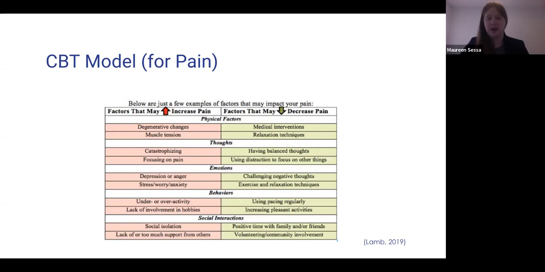So we can see in this graphic here that there are factors related to all of human experience: what we think, what we feel, what we do, how we interact with others, and our physical sensations. And all of these, if we move towards the green side of this aspect, we're seeing that we can tone down our intensity in relation to how we relate to our pain.